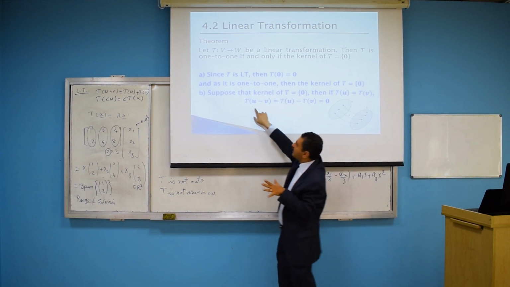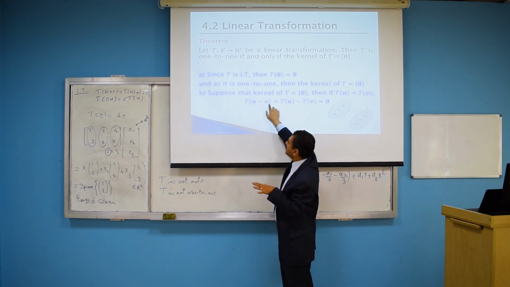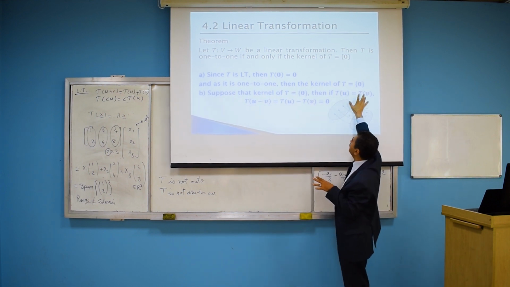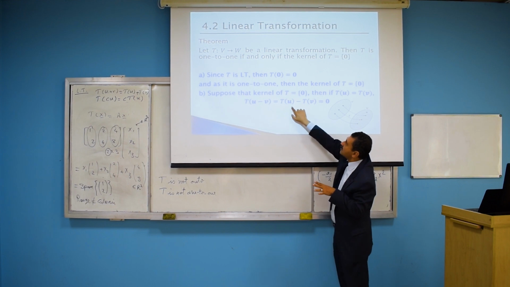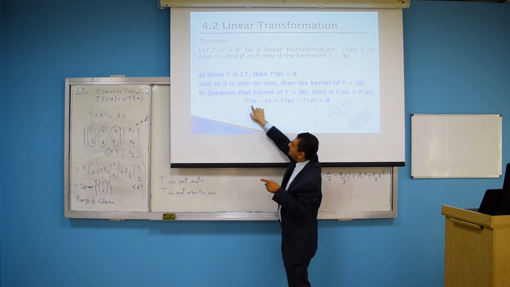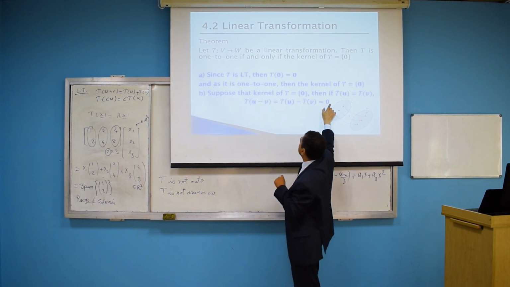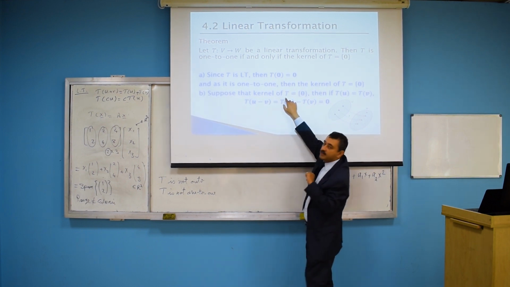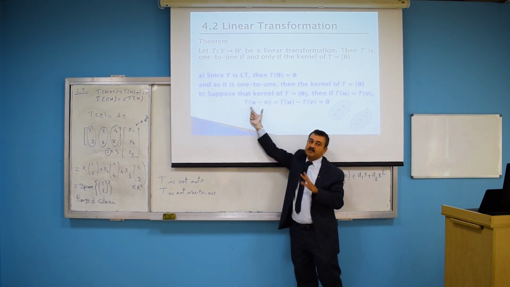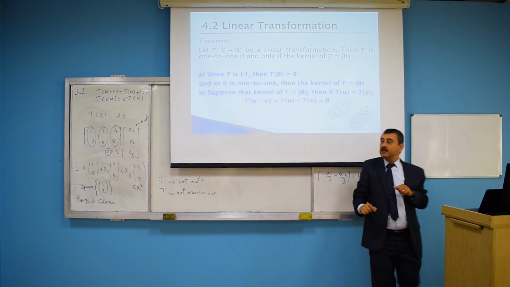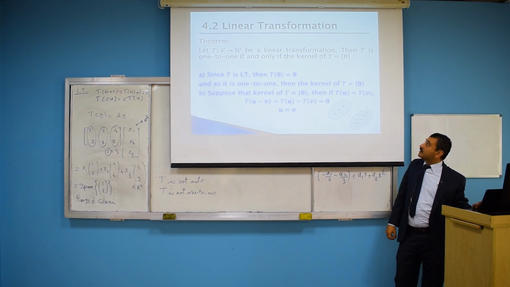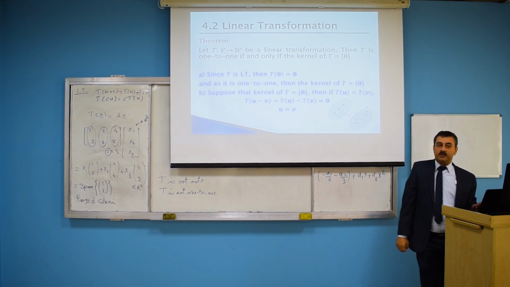From the property of the linear transformation, T(u minus v) would be T(u) minus T(v), but T(u) equals T(v), which means that this is 0, so the transformation of u minus v is 0. But you say that the kernel is 0, so u minus v must be 0, which implies that u must be equal to v. So this implies that u equals v, and this is the condition for the one-to-one transformation.